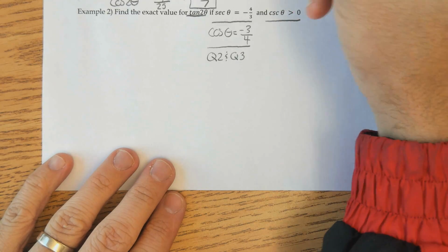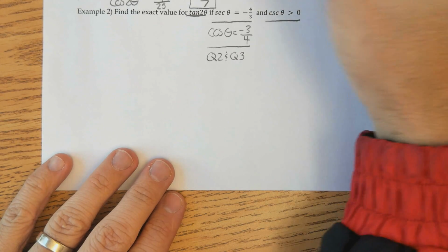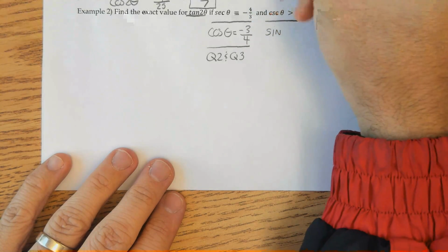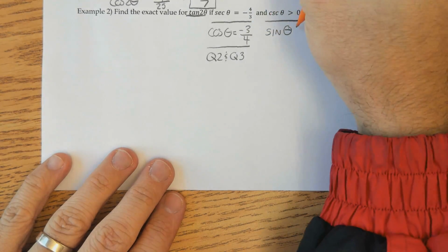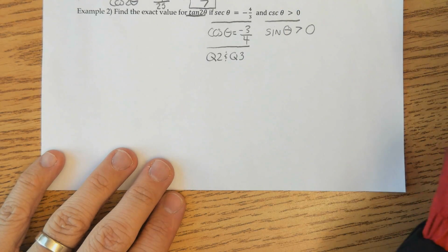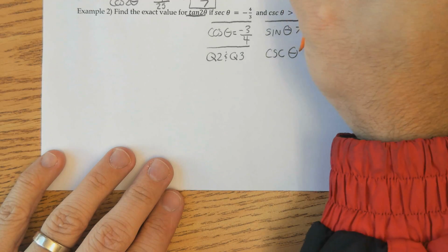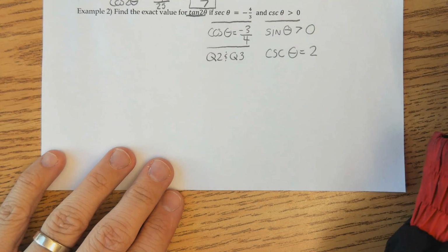What I know about cosecant of theta is that it is the reciprocal of sine. So if cosecant of theta is greater than 0, that means sine theta is also greater than 0, and here's the reason why. Say you had cosecant of theta equals 2.